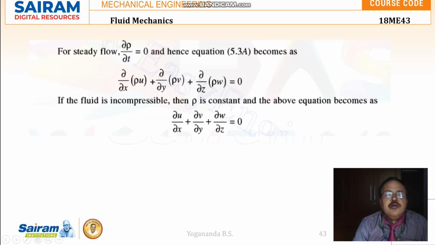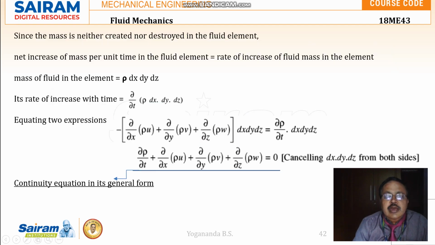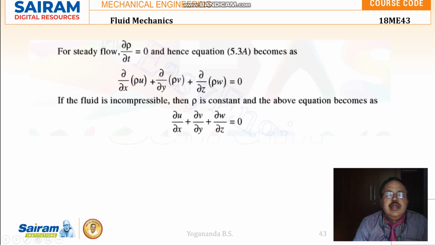Now for steady flow, we consider that there is no change in density with respect to time. So del rho by del t is equal to 0. Considering del rho by del t as 0, we are left with del by del x of rho u plus del by del y of rho v plus del by del z of rho w is equal to 0.